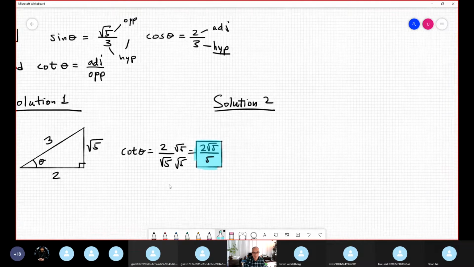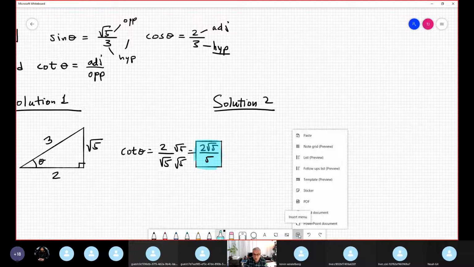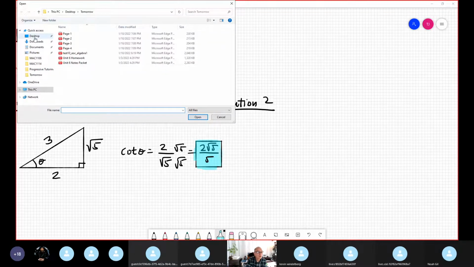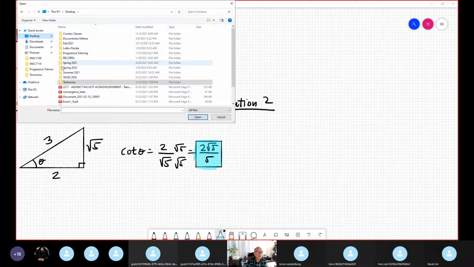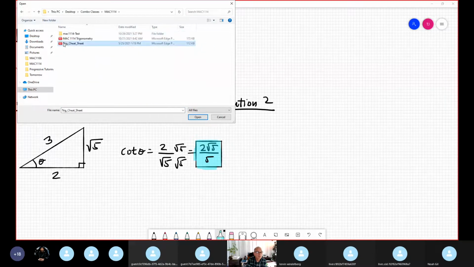This is one possibility: always do the triangle. Another possibility, the fantastic possibility, is using the identity, the identity that I provide you in the cheat sheet. This cheat sheet we use every day, guys. Let me see here, the MAC1114 cheat sheet.